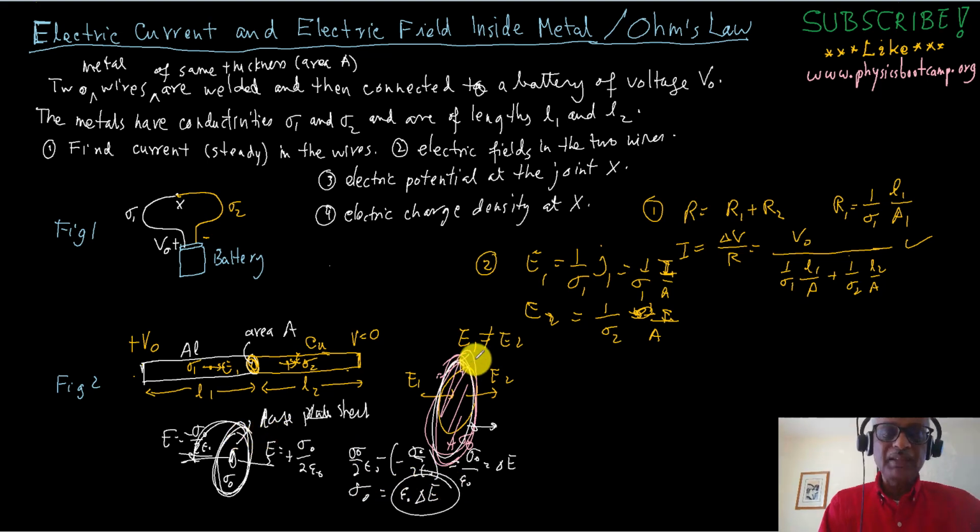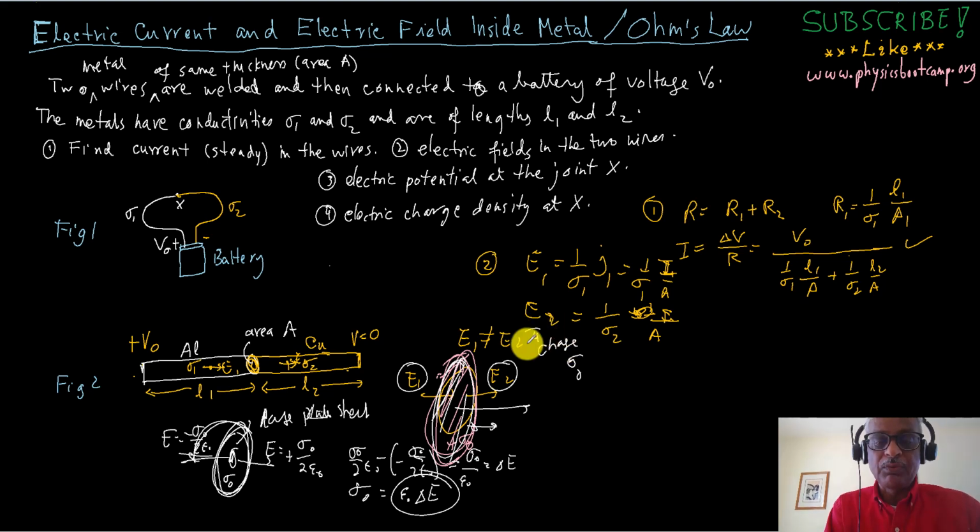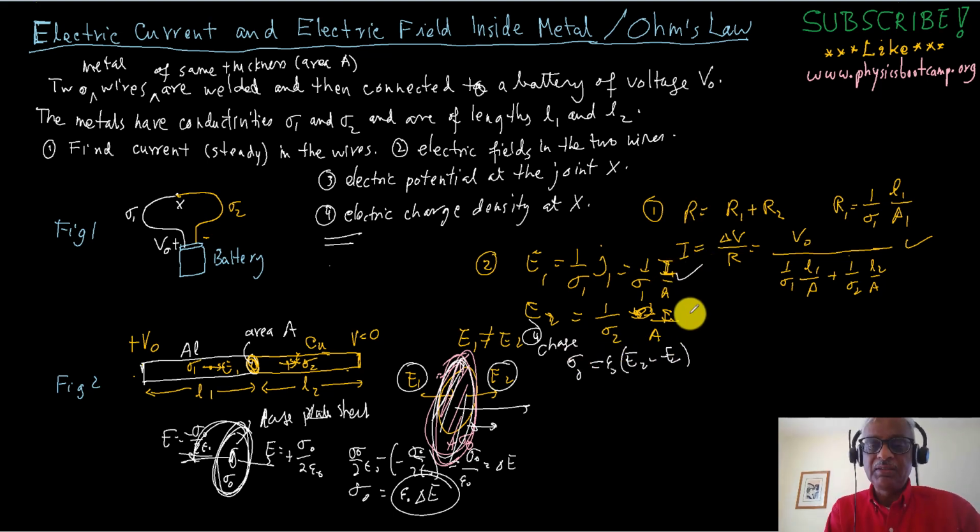We can apply the same thing over here. We have E2 and E1, and you can take this as the positive direction. Both are positive. So the charge density, that's number 4, is equal to E2 minus E1 times epsilon naught, and we can just fill it in.